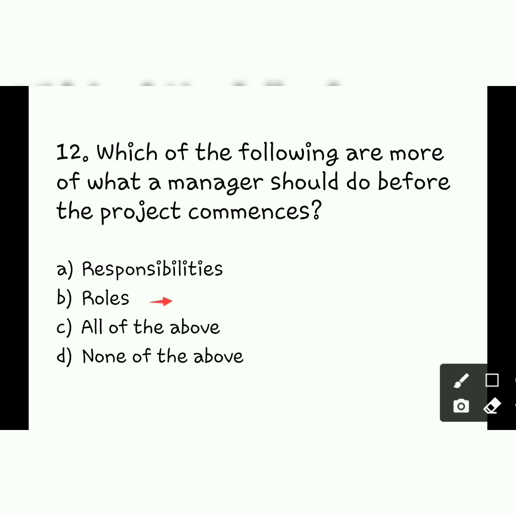So roles are more of what a manager should do before the project commences. But responsibilities are more of the things a manager will do as the project begins or is ongoing. Roles are typically things before the project begins or commences. So the answer is B.